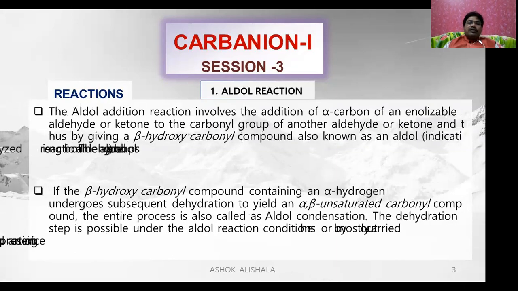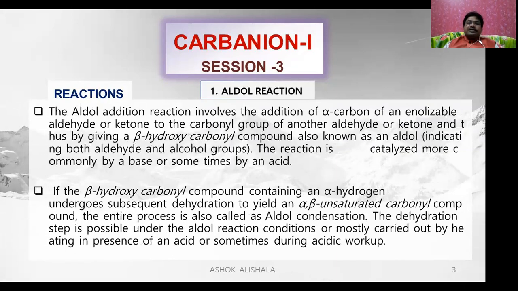The aldol addition reaction involves the addition of the alpha carbon of an enolizable aldehyde or ketone to the carbonyl group of another aldehyde or ketone, thus giving a beta hydroxycarbonyl compound, also known as an aldol, indicating both aldehyde and alcohol groups.